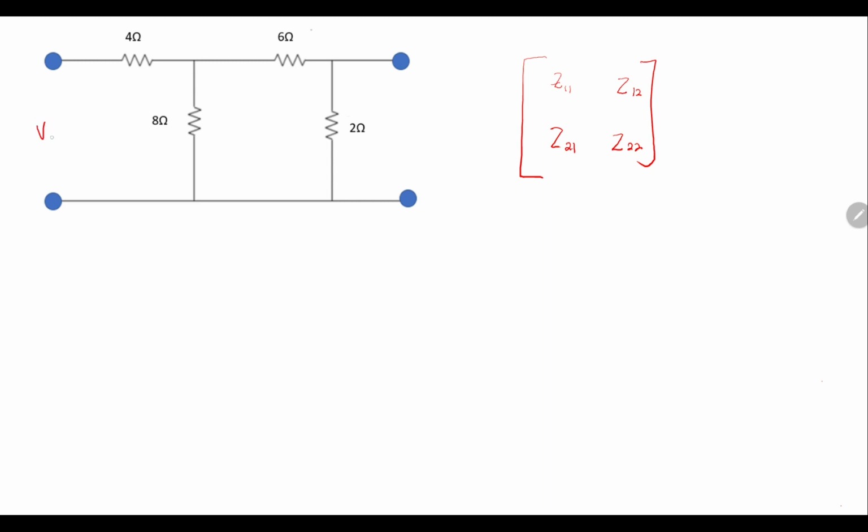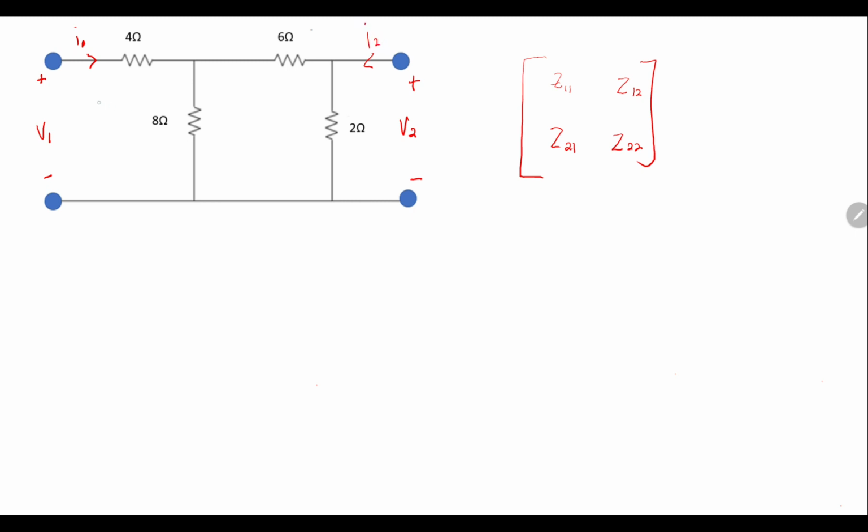By taking this one as V1, we put the polarity for voltage V1, and this one is V2, so we put the polarity here, and this one is I1, the current through here. This one is I2 current.